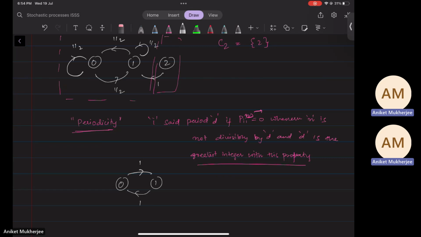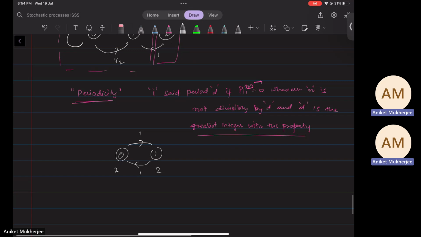Then you take the GCD of all those numbers and you will see that this has a GCD of 2. So the periodicity is 2. This state will also have periodicity of 2. So this Markov chain, the states have period 2.